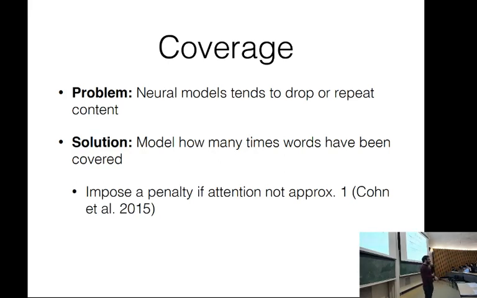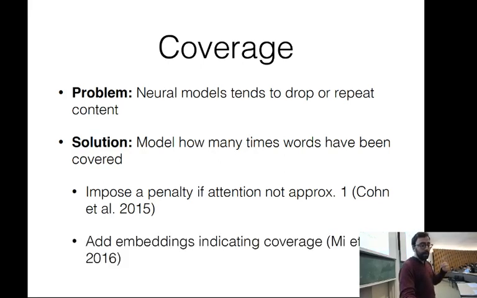Trevor Cohn and others proposed adding a penalty to the loss function. Remember the attention weights that we showed before? We said we normalize them to sum to 1 per row. Now, if we add the penalty and ask the model to also sum to 1 per column, that essentially will mean that every source word will have been attended over with a total weight of 1, okay?